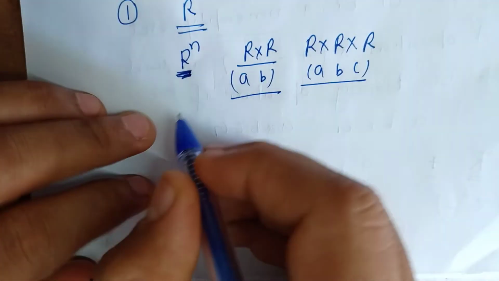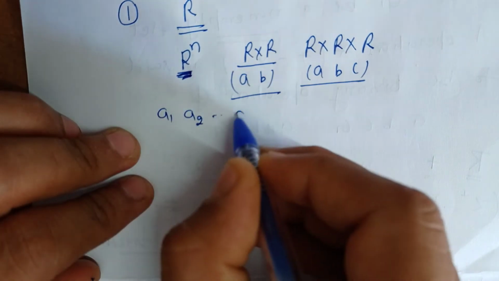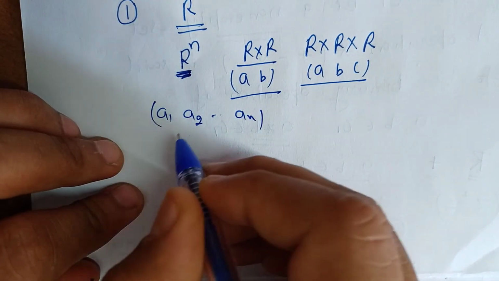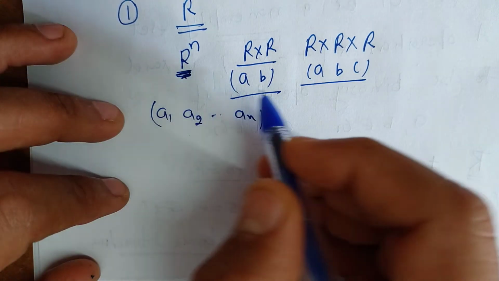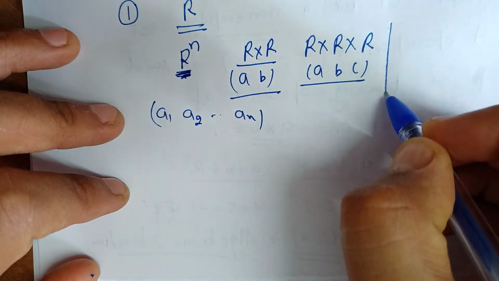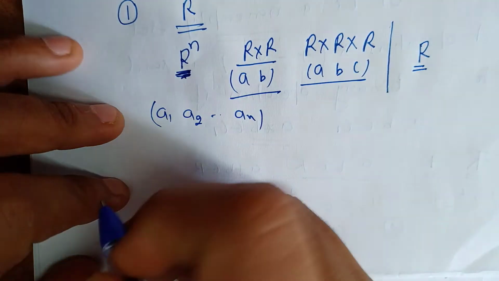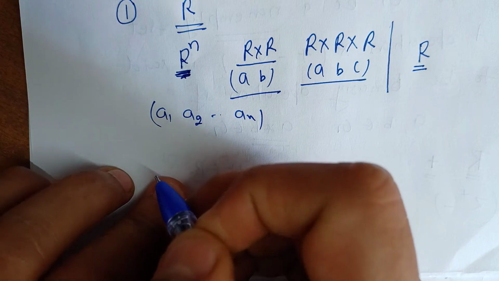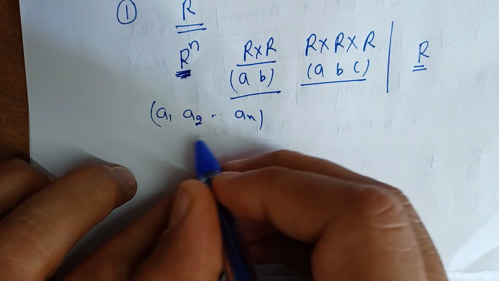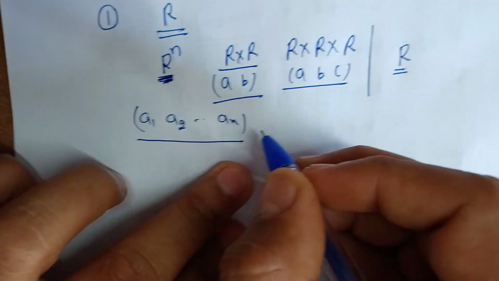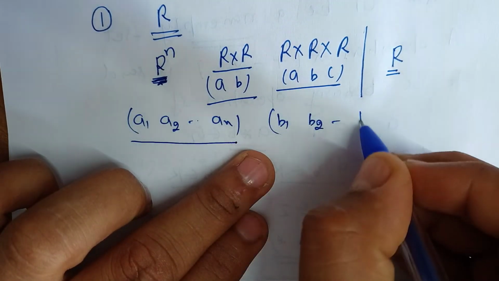So in Rn, an element will be like (a1, a2, ..., an). This Rn is a vector space over the field R, the set of real numbers. Here is one element of Rn, and a second element we can take is (b1, b2, ..., bn).